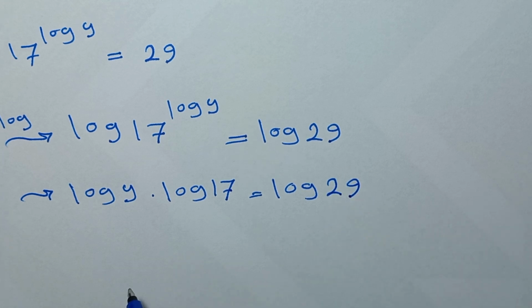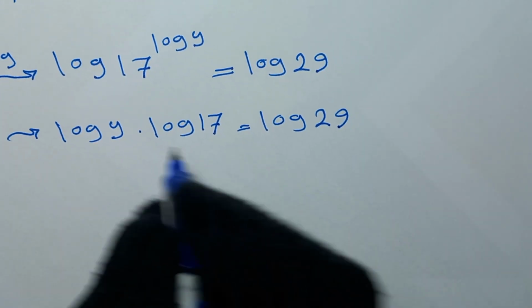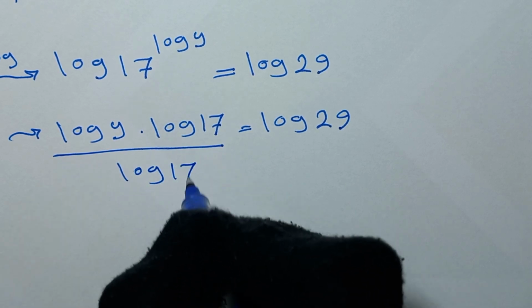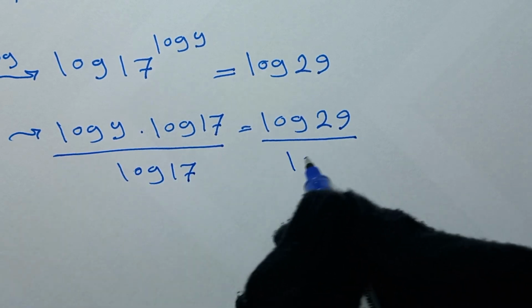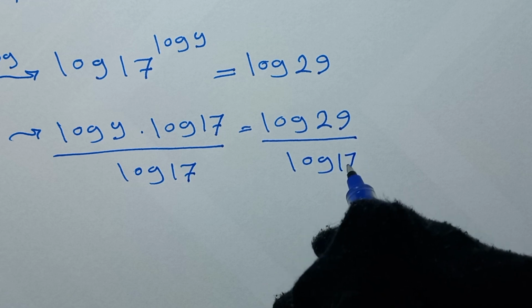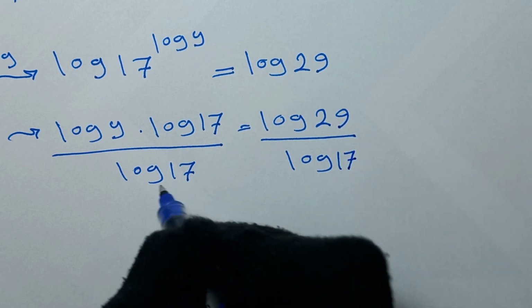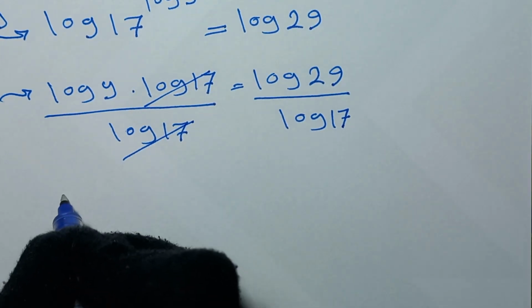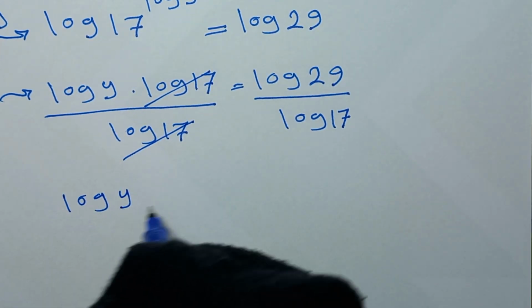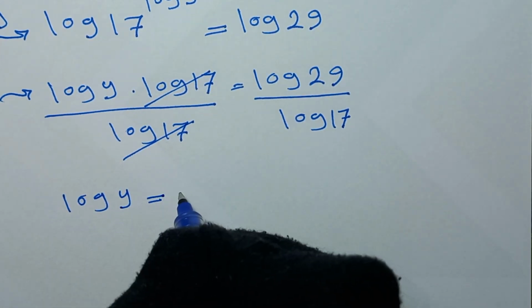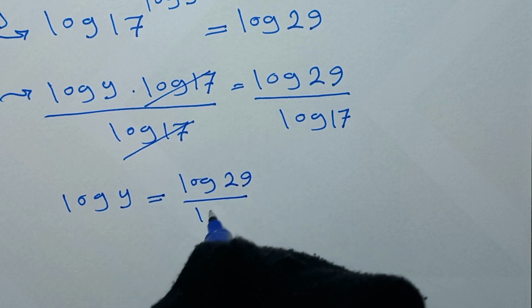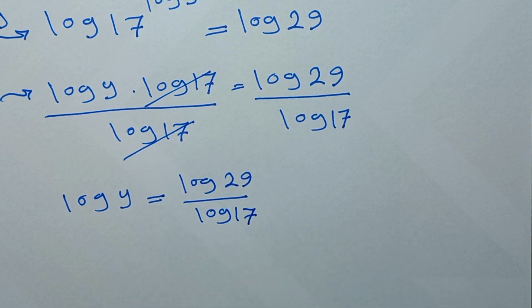Next, we divide both sides by log 17, so this log 17 will cancel this, and it will be log y is equal to log 29 over log 17, right?